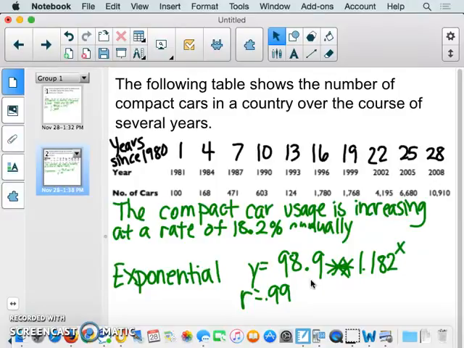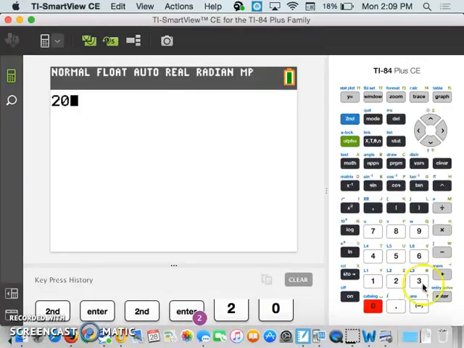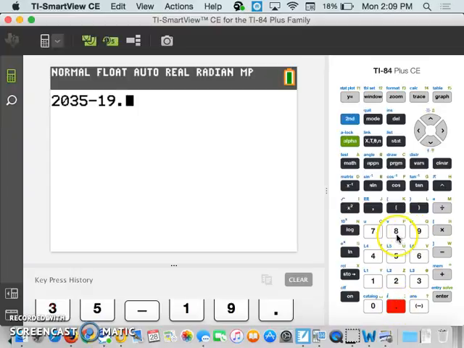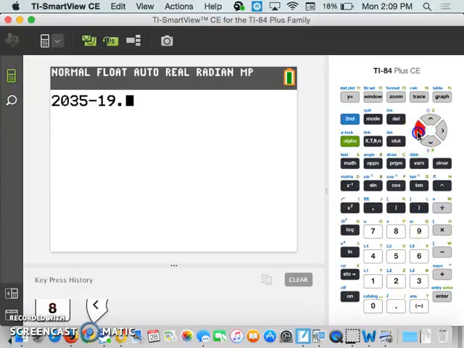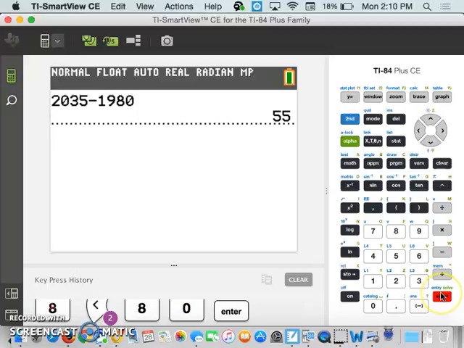And then if I'm looking to figure out how many cars would be around in this country in the year 2035, I need to think about how far away 2035 is from 1980. So the year 2035 minus 1980 gives me an x value of 55. So I would be substituting 55 into the equation.